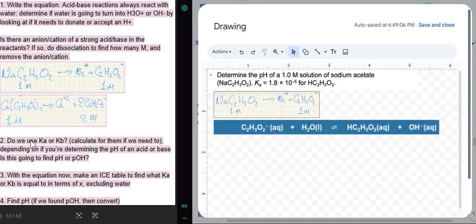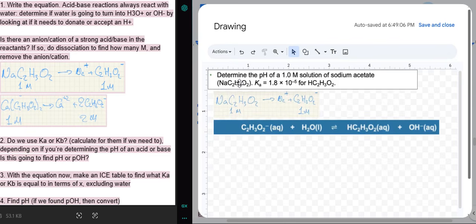Second step, do we use Ka or Kb? Are we finding the pH of an acid or base?